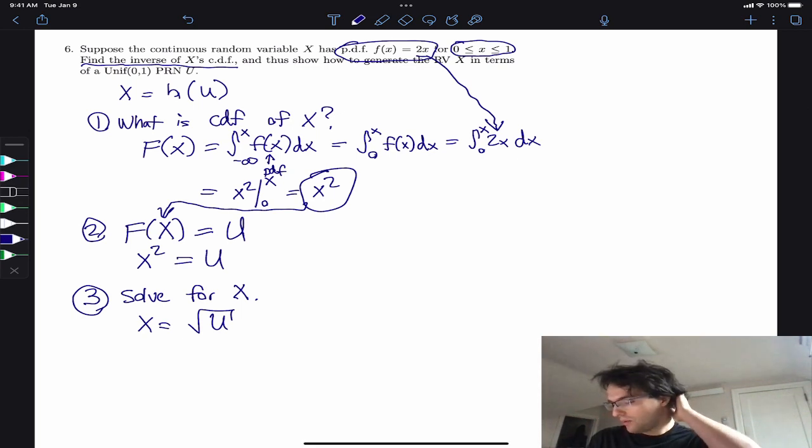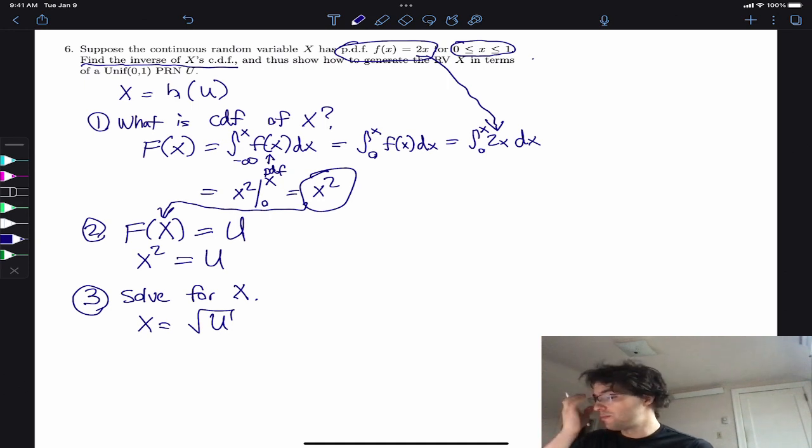One thing that is important to note here is that we're able to solve for x in this nice fashion because x can only be positive. It's between 0 and 1, and so taking the positive square root is okay in this case.